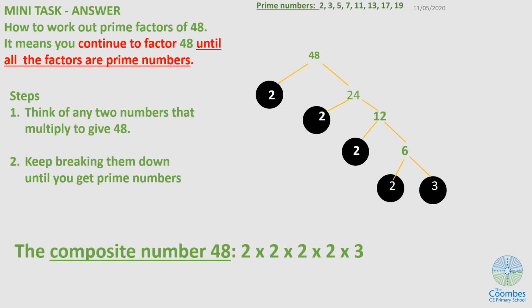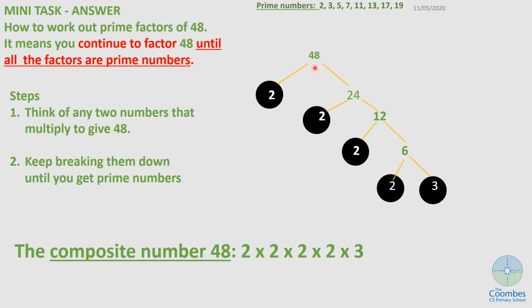How did you do? Now, to find the prime factors of 48, I will have my 48 here and just follow my steps. I'll ask myself the question, can 2 times something give me 48?